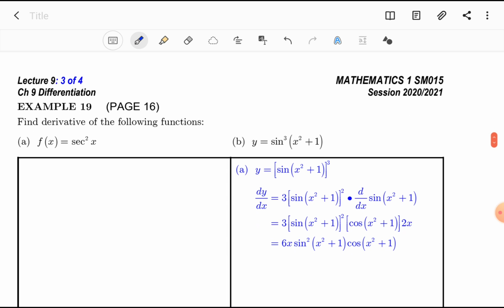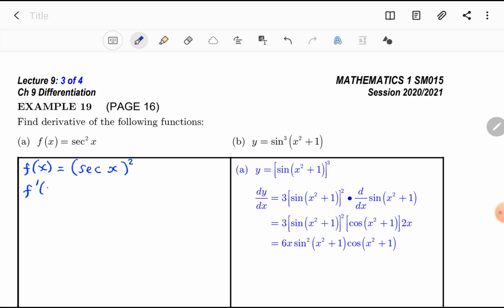Example 19 on page 16. Part A. Fx equals sec square x. And we can write sec square x as sec x square. So this is the equivalent form.